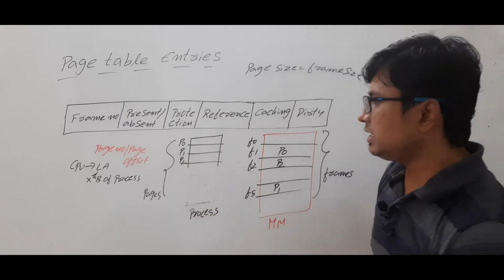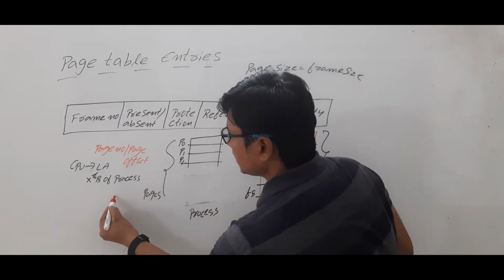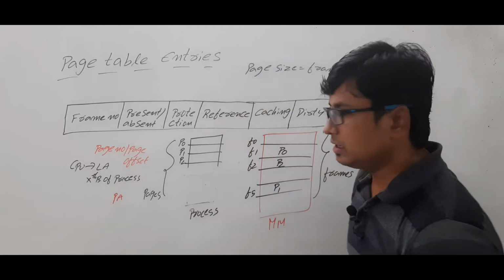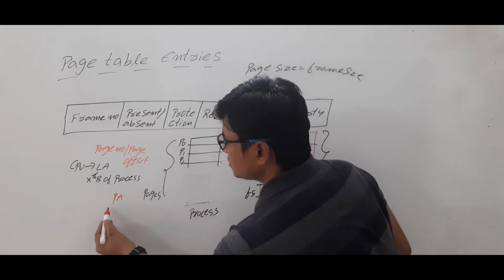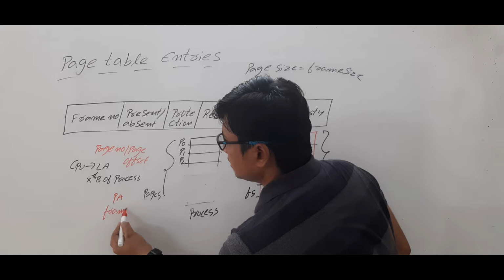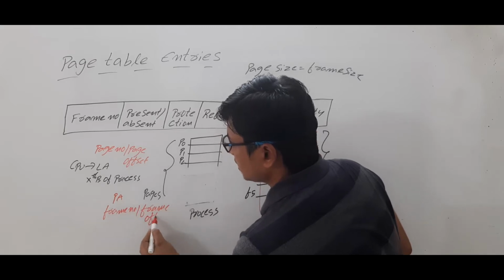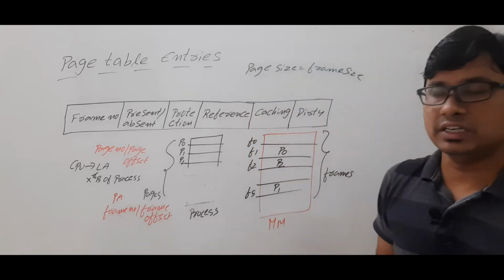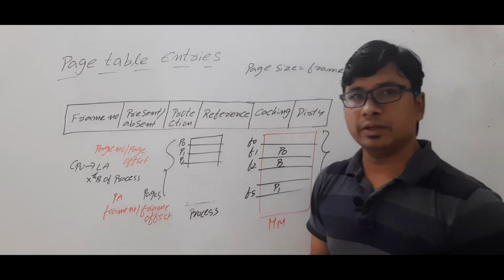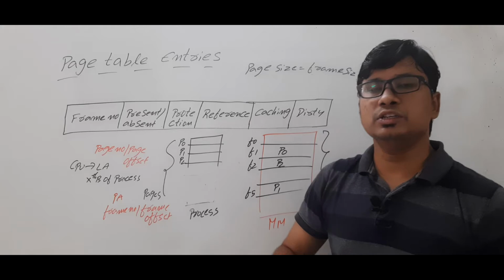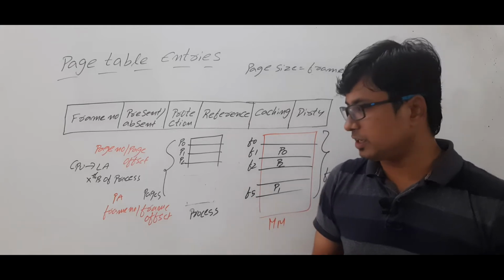Similarly, we will have a physical address, okay, which will consist of frame number and frame offset. Okay, so the purpose of frame offset is to know the frame size and frame number is used to represent the number of frames.